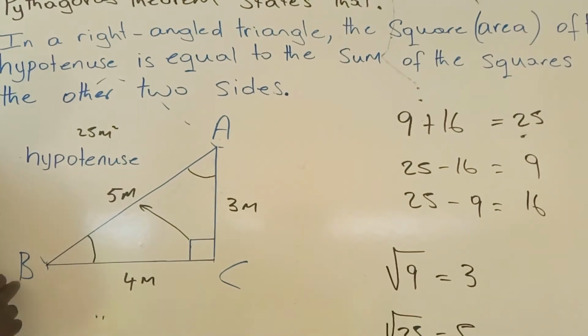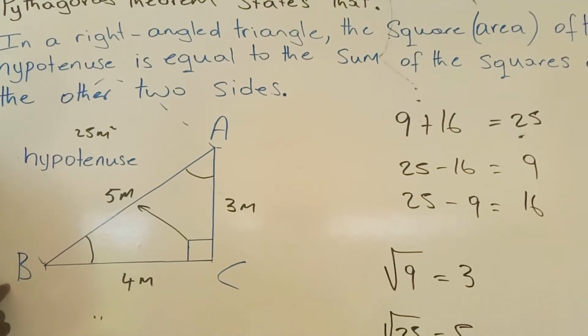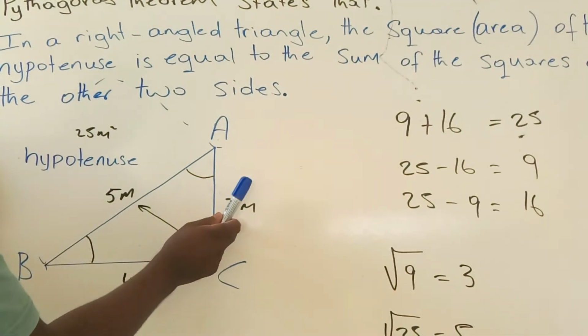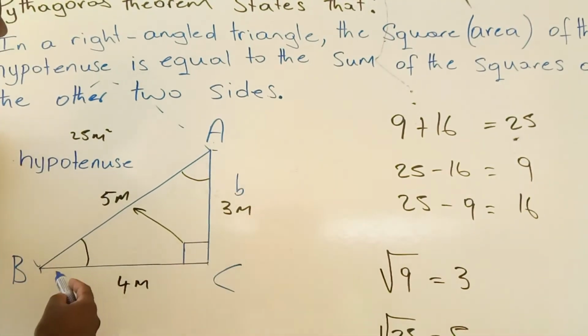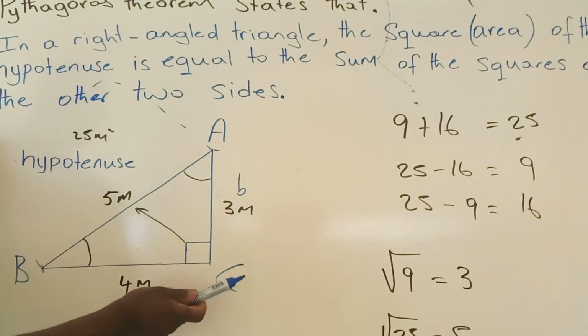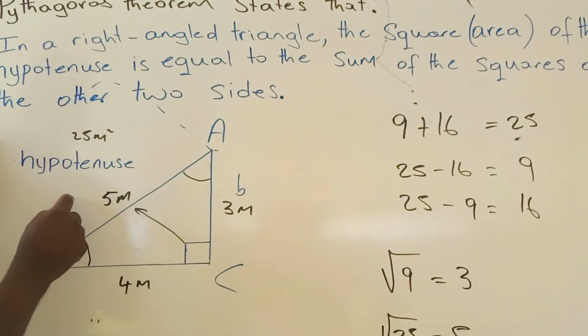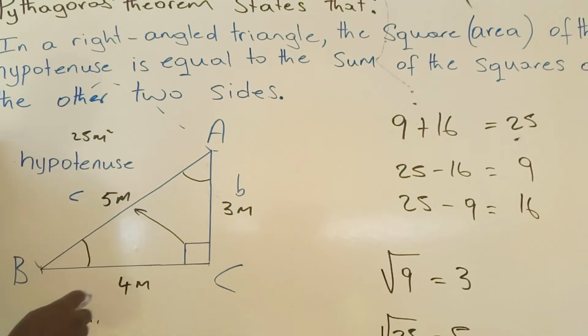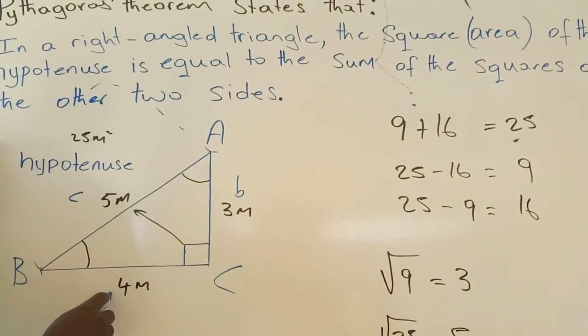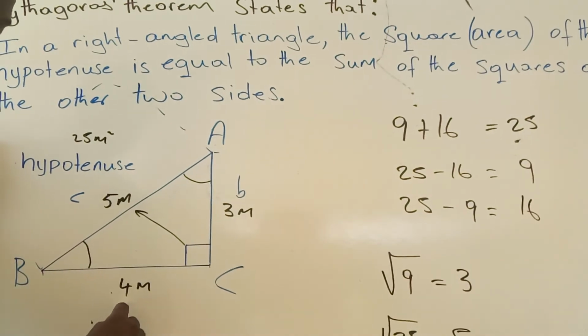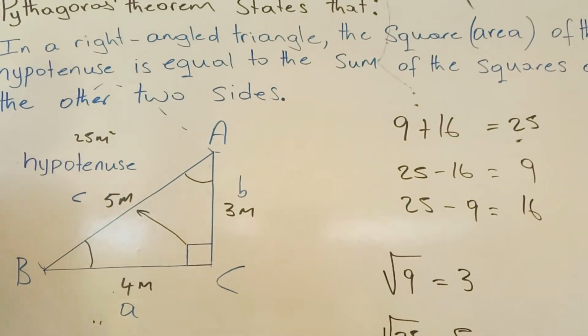So for example, in this case, at this vertex we have capital B. So where 3 would be, that would be the side lowercase b. Where 5 would be, opposite from C, that would be lowercase c. And opposite from this vertex is this side where 4 is, and this would be lowercase a.